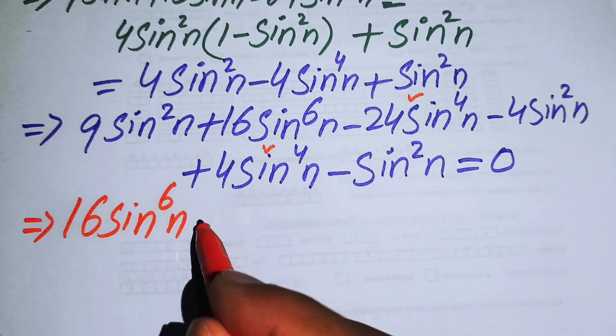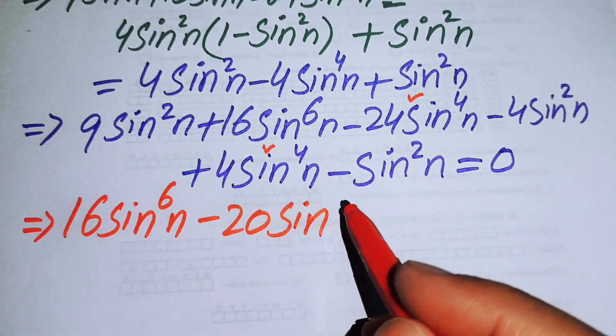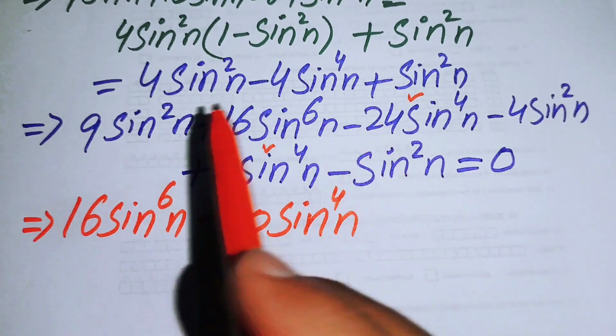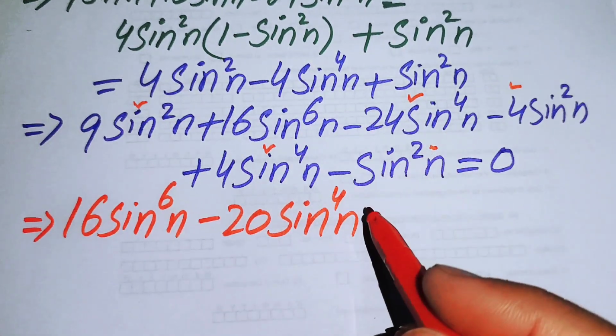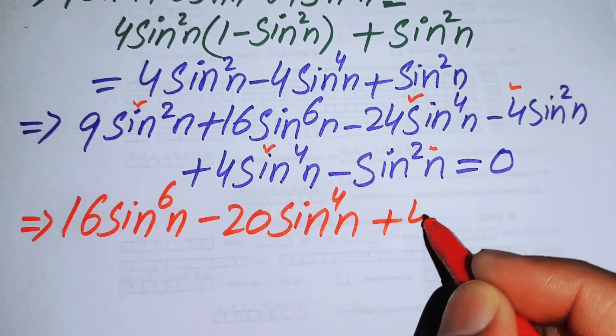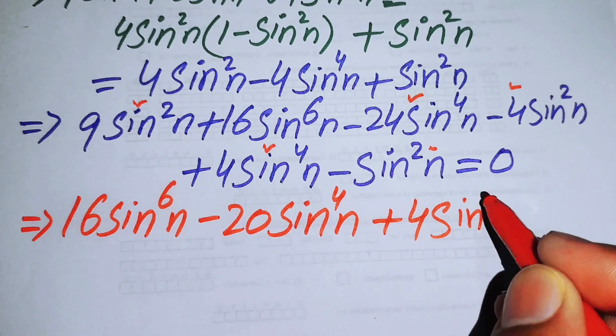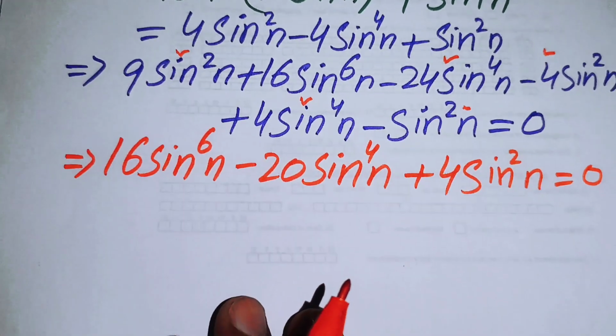So when we combine these two, you will get here minus 20 sine to the power of 4 of n, and after that we add or subtract these three terms. So you will get here plus 4 times sine squared of n, and this whole equation equals 0.